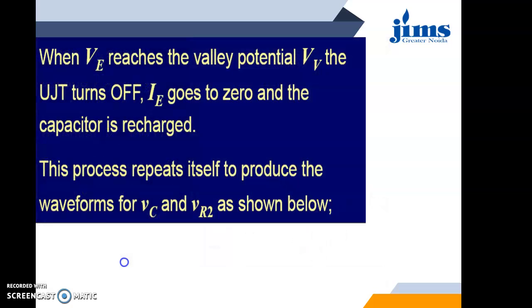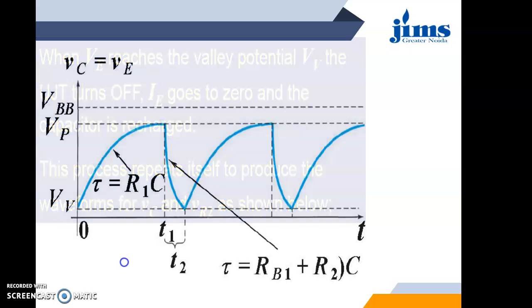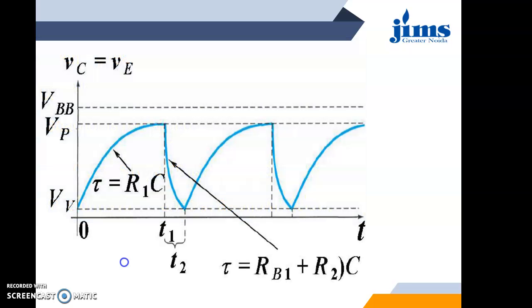The timing of charging and discharging depends on the UJT turn-off and turn-on voltages, and also on the time constants RC. The charging time constant is R1C, whereas the discharging time constant is (RB1 plus R2) times C.